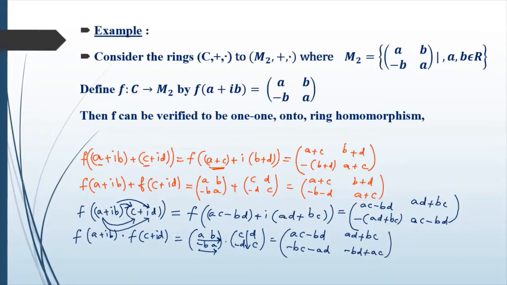Hence, comparing these two, you see that the entries in these two matrices are equal, using the commutative and distributive properties of ordinary addition and multiplication. You may see that these two matrices are equal since their entries are equal. So I have found that f preserves.